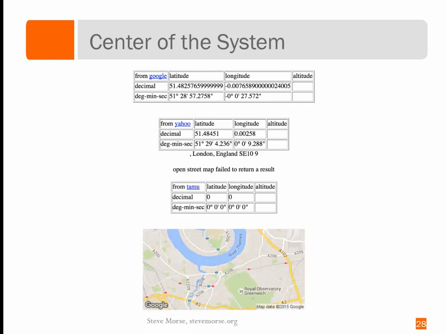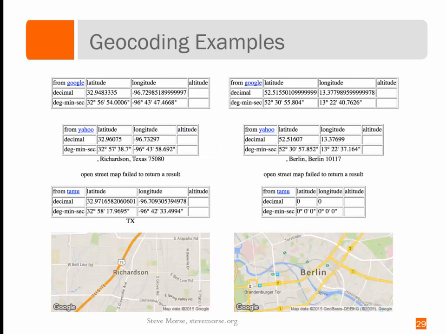Now let's take a look at something that may be a little bit closer for some of us. Let's take a look at Richardson, Texas. If we look on the left-hand side of the screen here, that's a map of Richardson, Texas. Of course, Richardson is just north of Dallas, Texas.